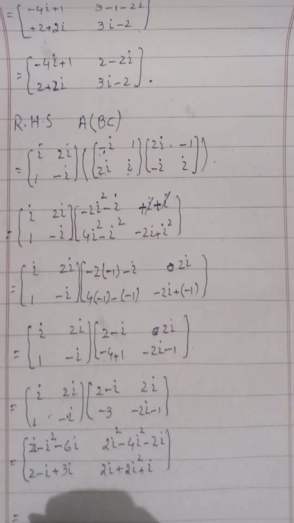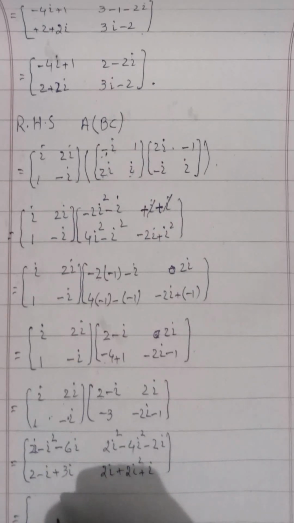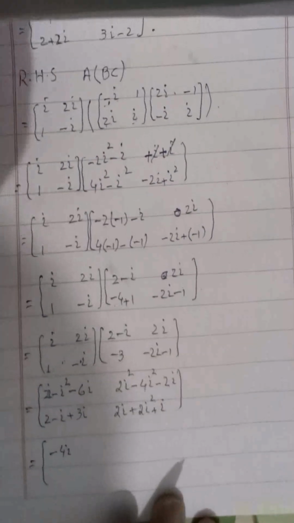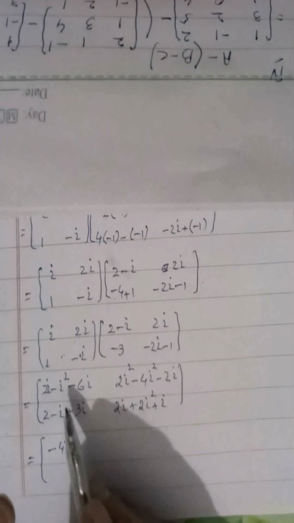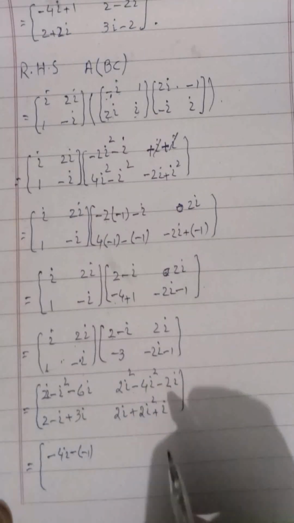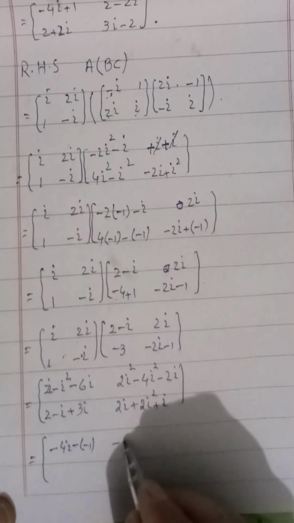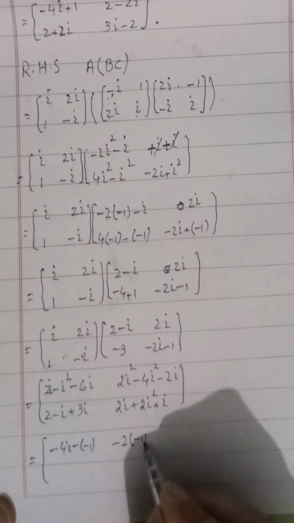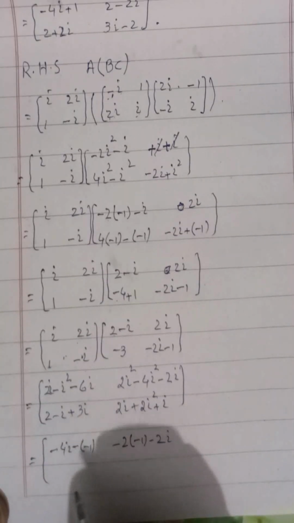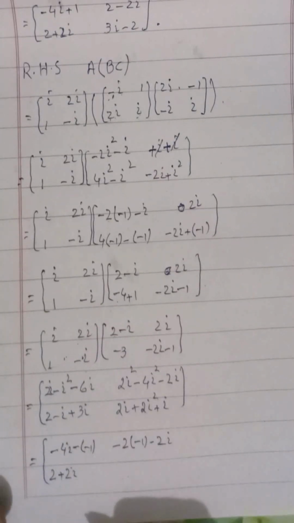Now simplify them, we get 2 iota minus 6 iota is equal to minus 4 iota and minus iota square is equal to minus 1. And here 2 iota square minus 4 iota square is equal to minus 2 iota square is equal to minus 1 minus 2 iota. And the second row is 2 minus iota plus 3 iota, 2 plus 2 iota.